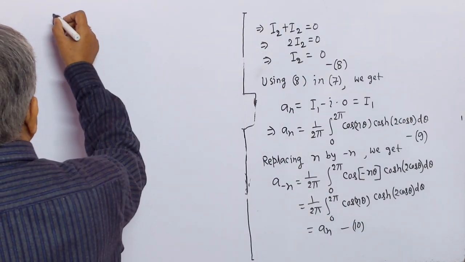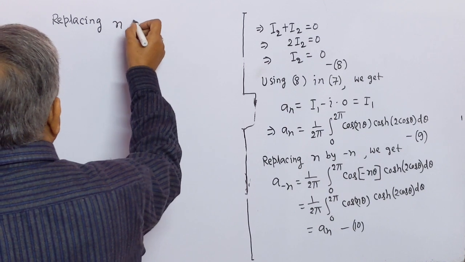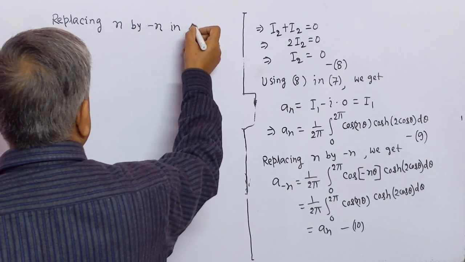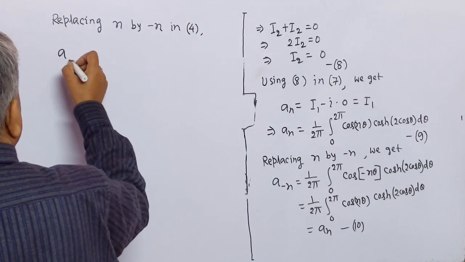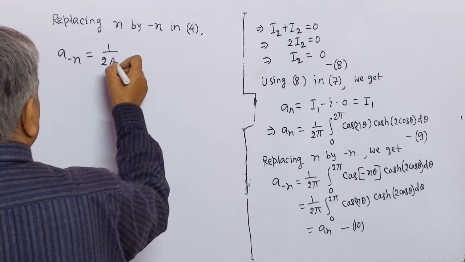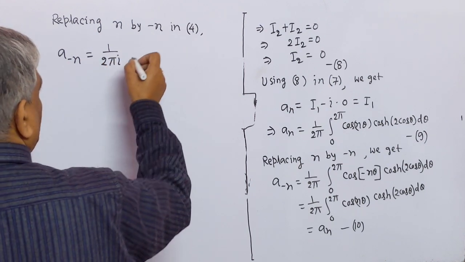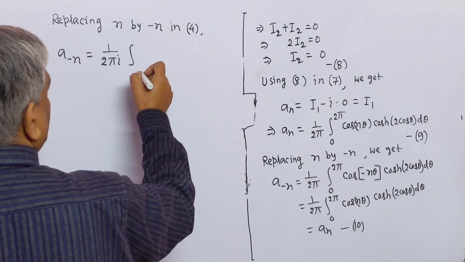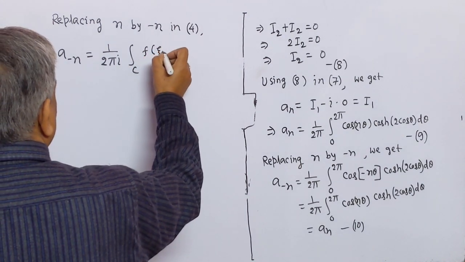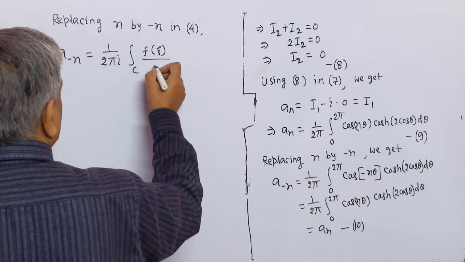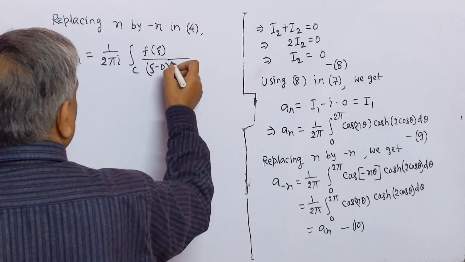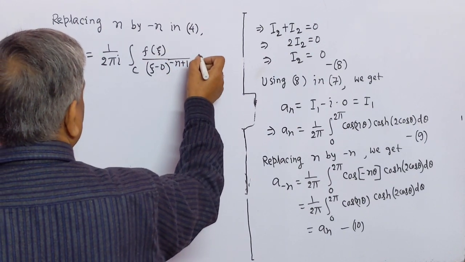Replacing n by minus n in 4, a minus n equal to 1 by 2 pi I integration along C of function of xi by (xi minus 0) to the power minus n plus 1 d xi.